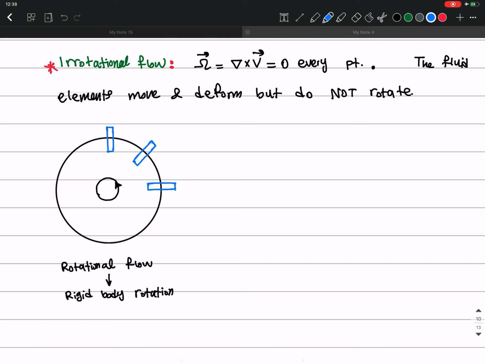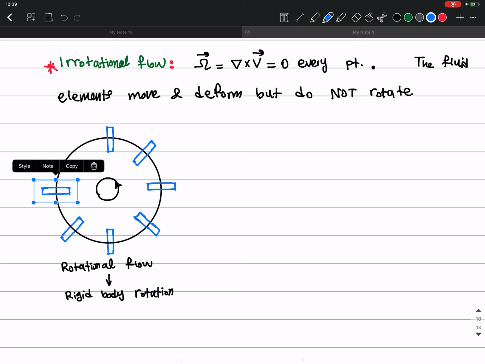And then here it will be like this. Here we have something like this. Here it's going to be this, as you see, it is also rotating itself.